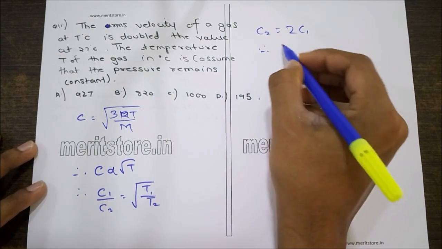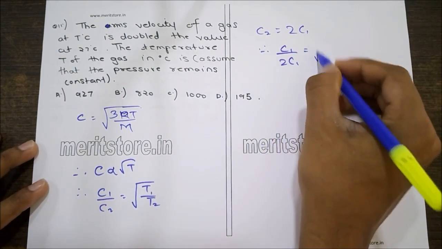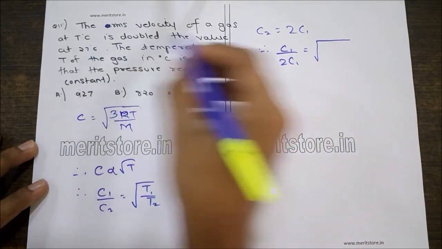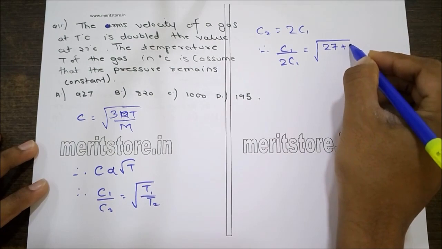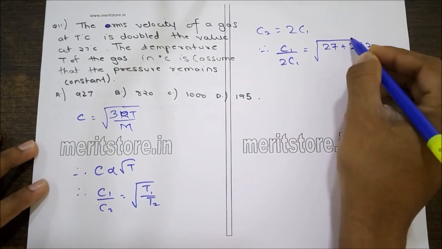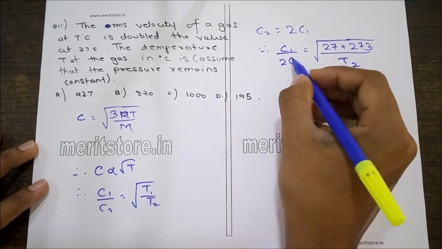So we can substitute this as C1 upon 2 times C1 is equal to root of T1, which is given as 27 degrees Celsius, but let's convert it into Kelvin for standardization, so plus 273, upon T2.